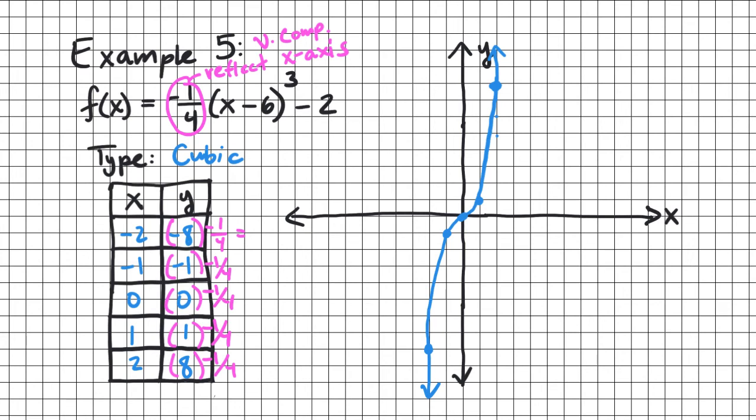That's 2, but a negative times a negative is positive. And negative times a negative is positive, so 1 times 1/4 is 1/4, which is 0.25. Then anything times 0 is 0. This is going to be negative 0.25. This is going to be negative 2.